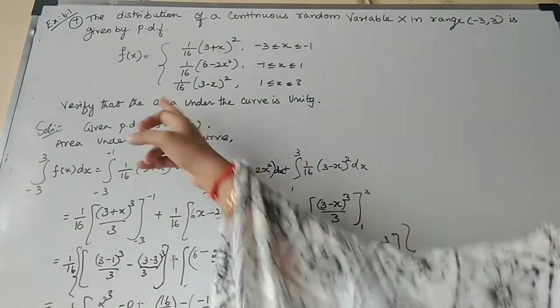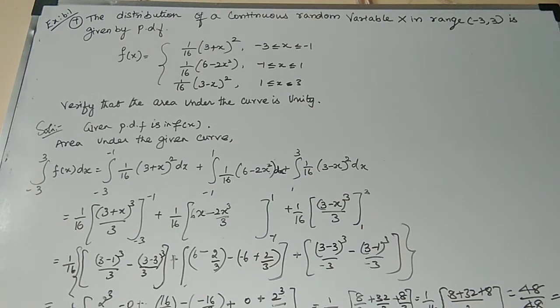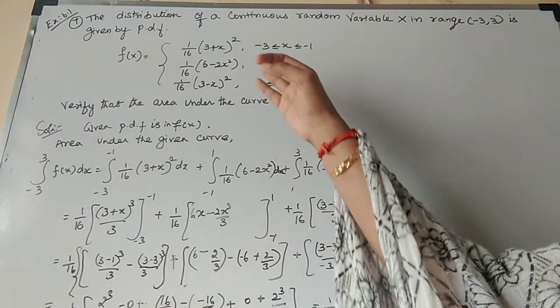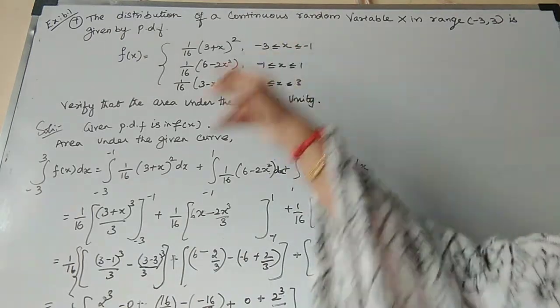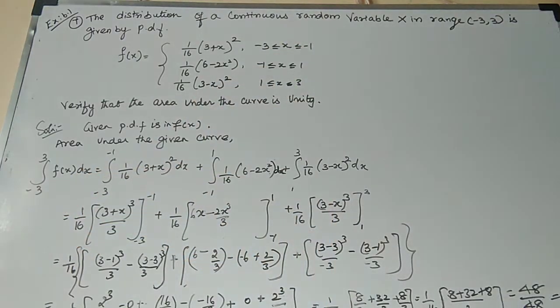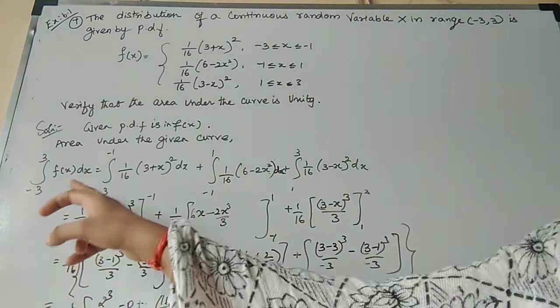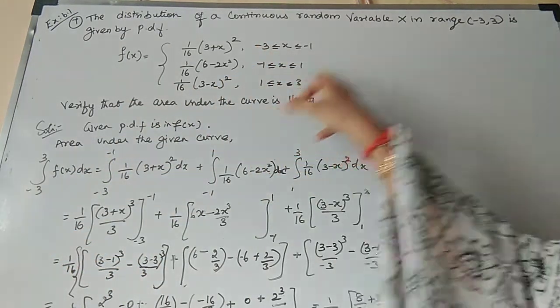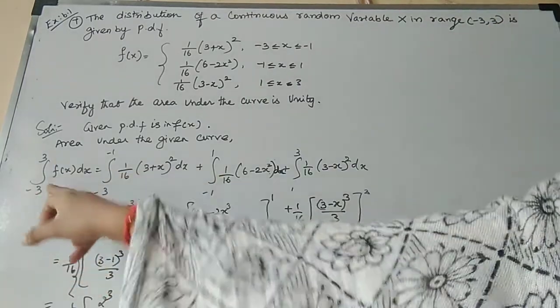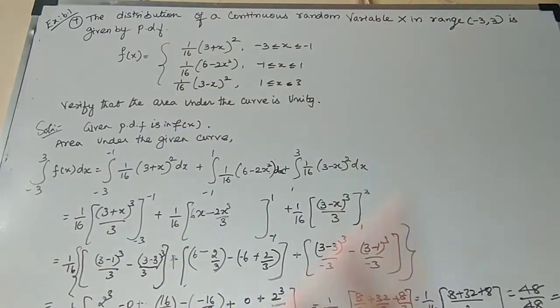So the question is, verify that the area under the curve is unity. What is that area under the curve? The area under the curve means you have to integrate f of x dx from -3 to 3 and find the area. So given this PDF in the f of x form, how will you find the area within the limit -3 to 3? You have to add all the areas, right?